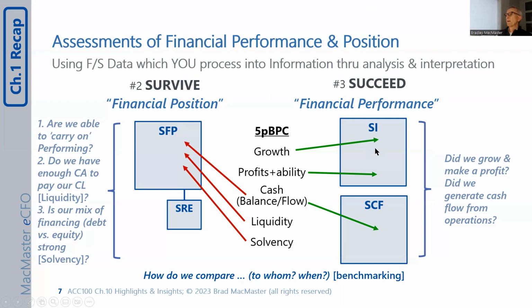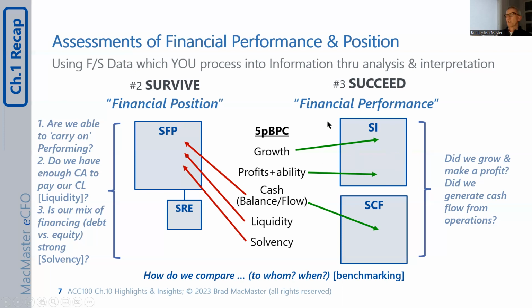Well, most people think about making money, which means making profits, growing your profits, and that's driven by growth in sales. So growth and profitability are 2 business performance criteria that most stakeholders evaluate, and they need to go to the statement of income to obtain data to analyze in order to assess growth and profitability.